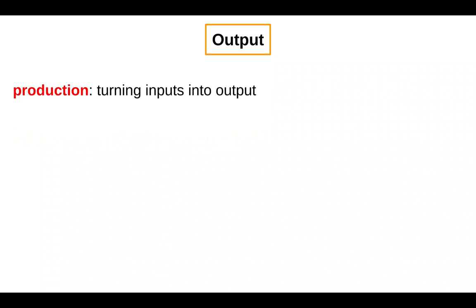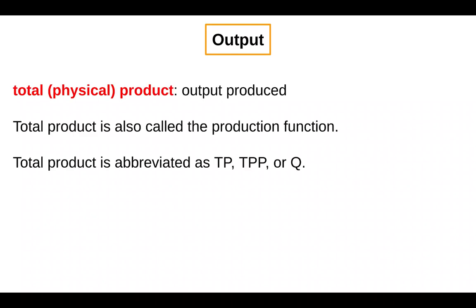So now that we've talked about input, let's talk about the output. Production is the connective tissue between the two. Production is the process by which inputs are turned into outputs. That output can often be called total product or total physical product. This is also what we refer to as the production function.